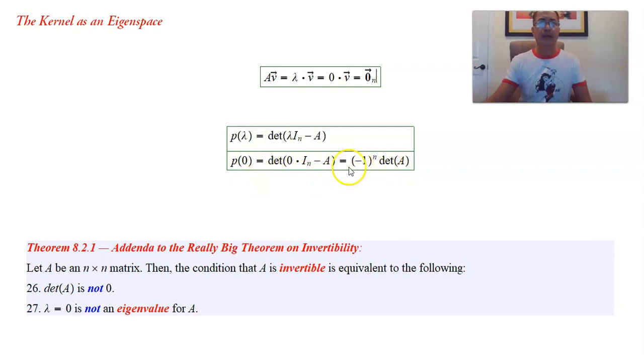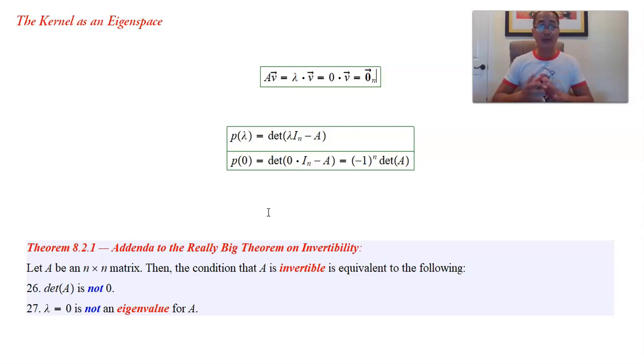So what does this mean? If p of 0 is 0, then the determinant of A has to be 0, because -1 to the n is not 0. Conversely, if the determinant of A is 0, then p of 0, by simple substitution, has to be 0. So we can now add this condition to the last one that we saw when we talked about determinants, the first key property of the determinant function as the litmus test for invertibility.